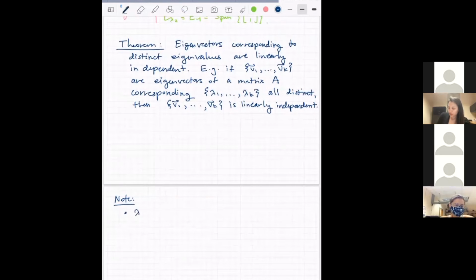So if we have that lambda is an eigenvalue of A, this happens if and only if this equation, A minus lambda I times v equals 0, has a non-trivial solution.